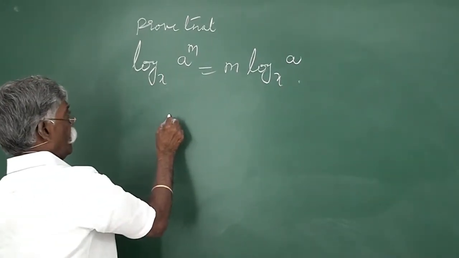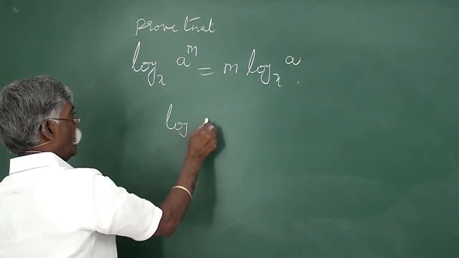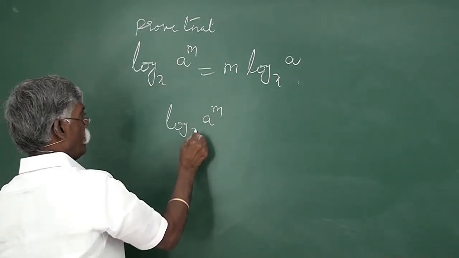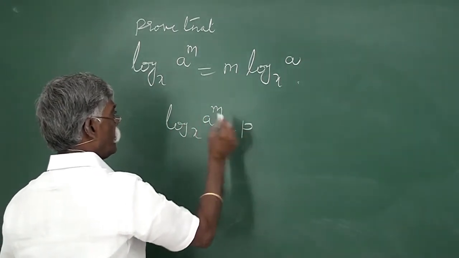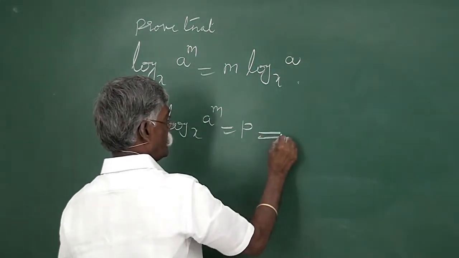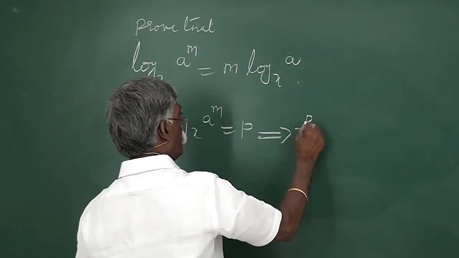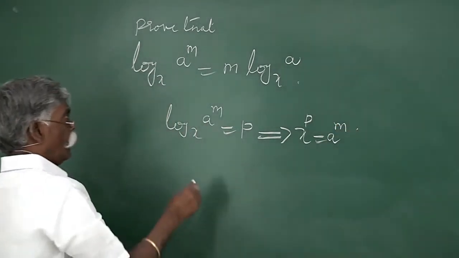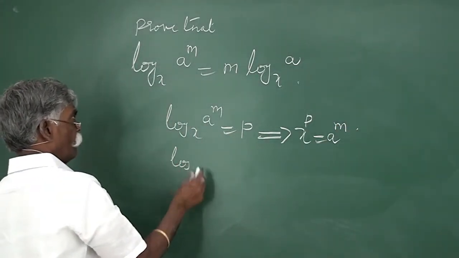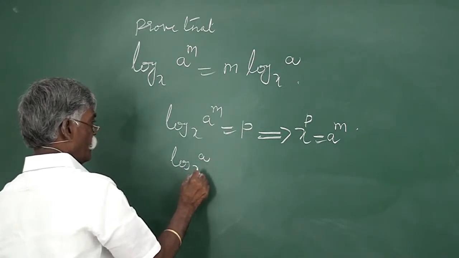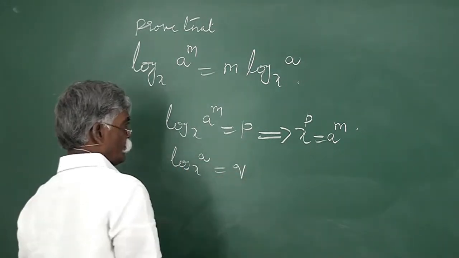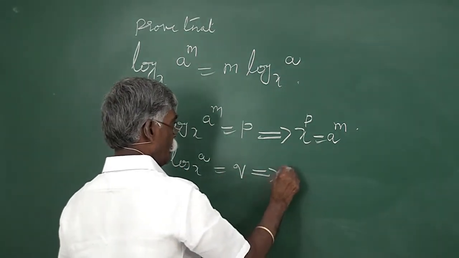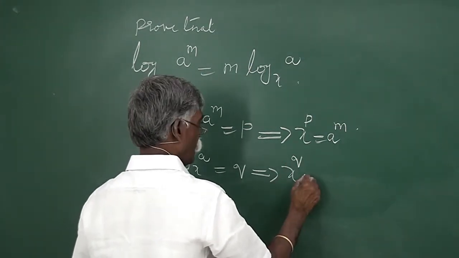Now, log a power m to the base x, let us take this as p, and hence this implies x power p is equal to a power m. And logarithm of a to the base x, let us take this as q, and this implies x power q is equal to a.